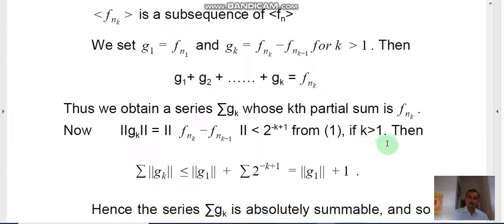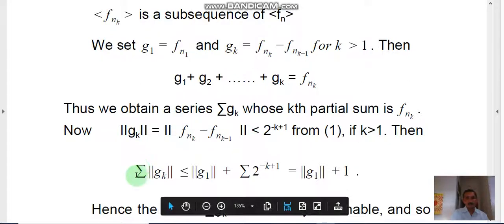So for k greater than 1, the summation of norm Gk is less than or equal to norm G1 plus the sum of 2 power minus k plus 1. This is a geometric progression, and the sum of this is equal to 1, therefore the summation of norm Gk is at most norm G1 plus 1.